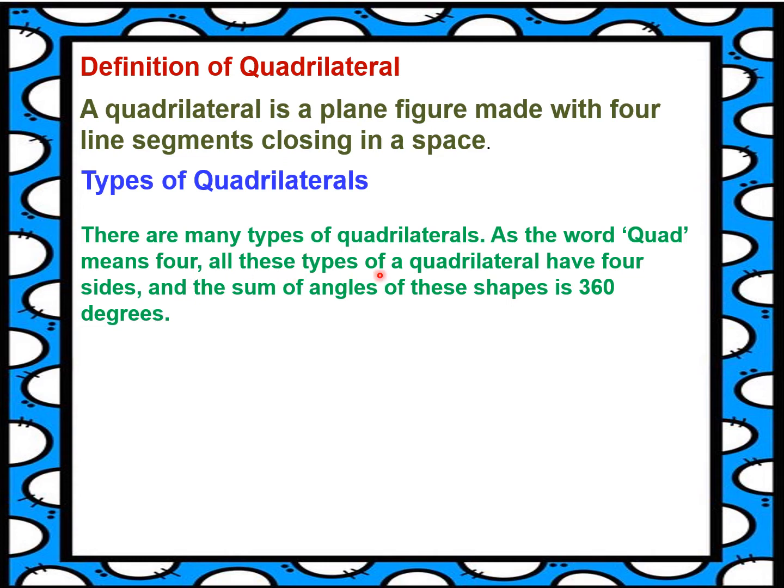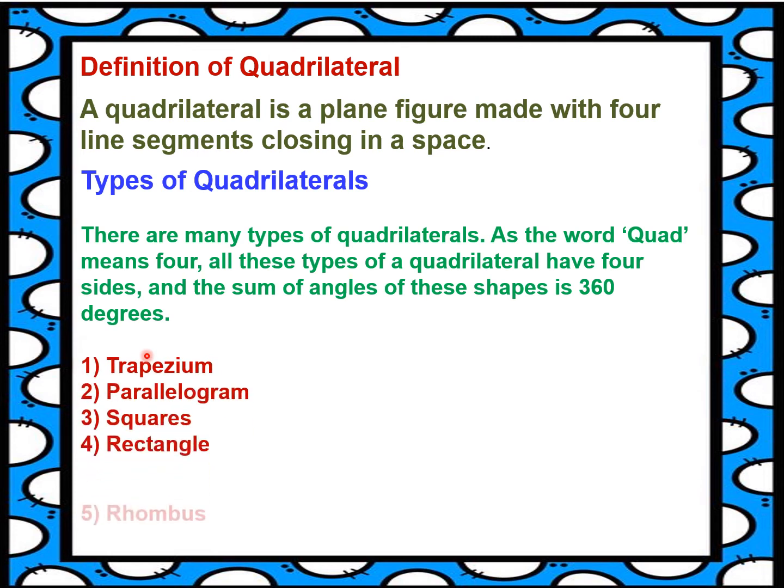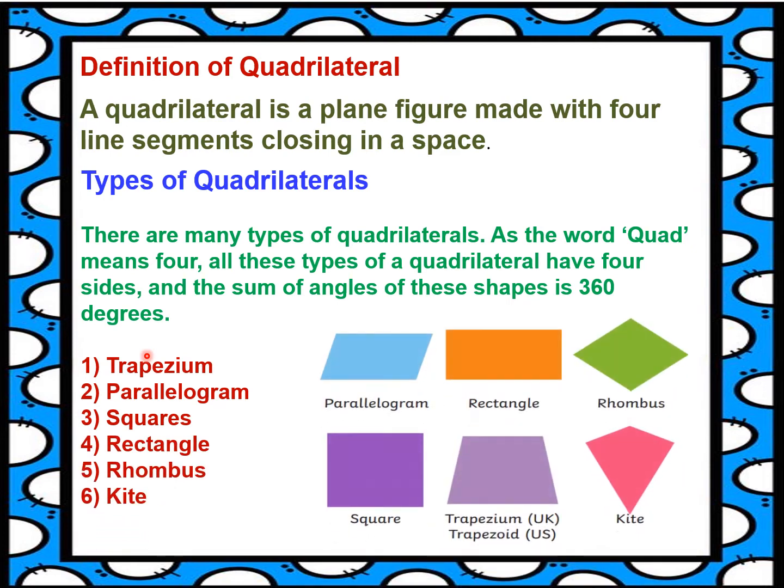All these types have 4 sides and the sum of their angles is 360 degrees. The types are trapezium, parallelogram, square, rectangle, rhombus and kite. These are all quadrilaterals having four sides.